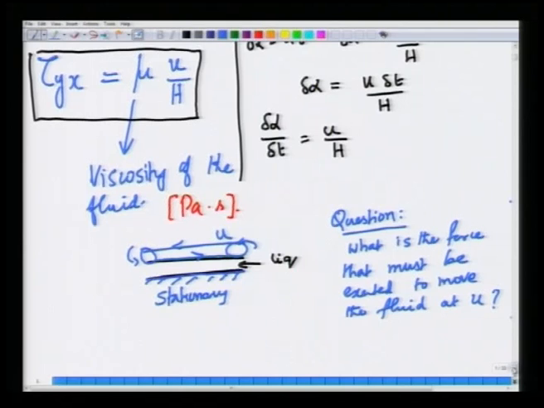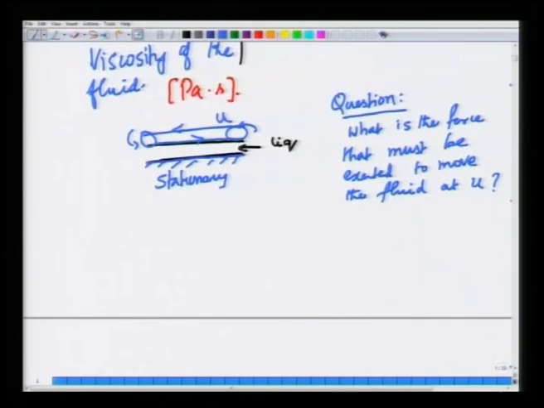Suppose you ask this question, well, the answer is obtained in the following way. We know that tau yx is the force F x divided by A, the area of the belt. Remember, the belt is finite.